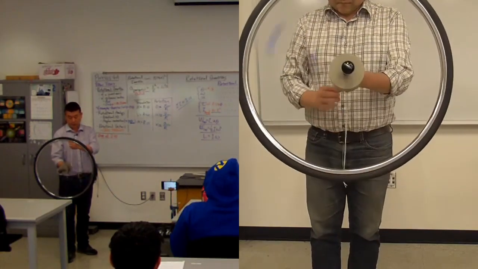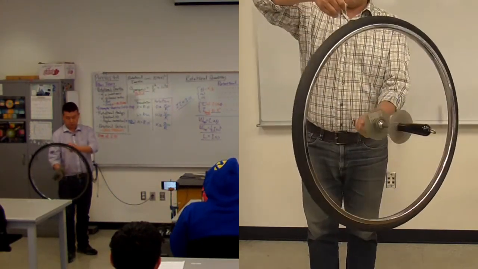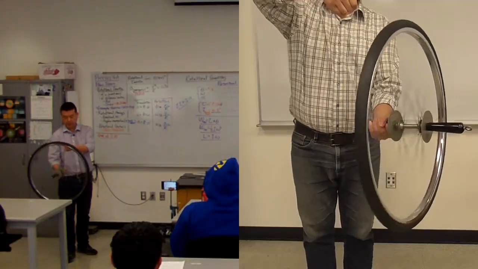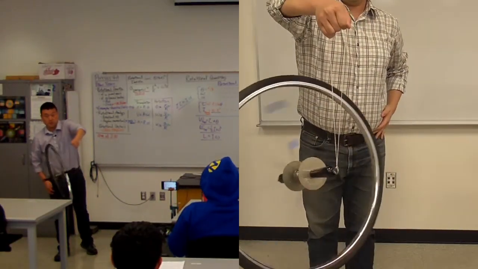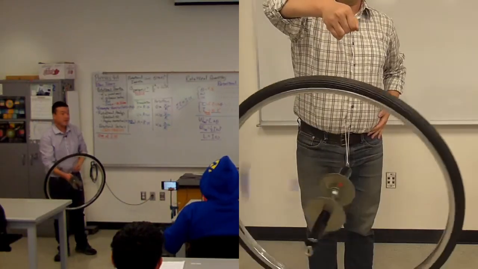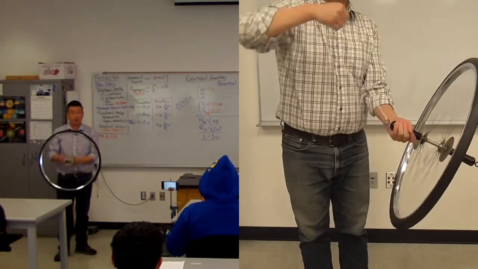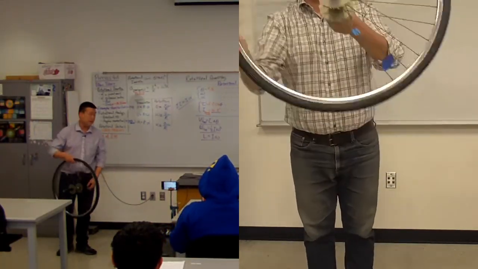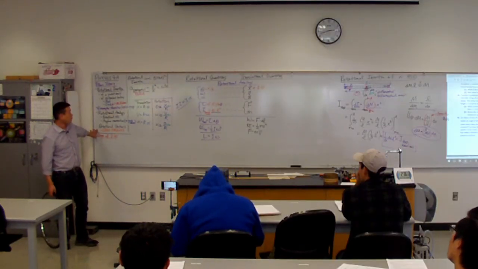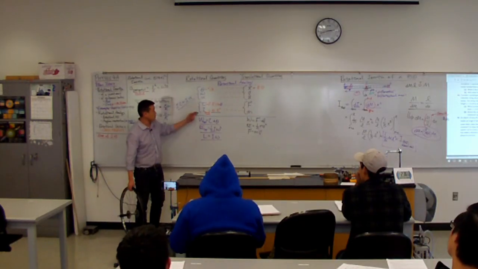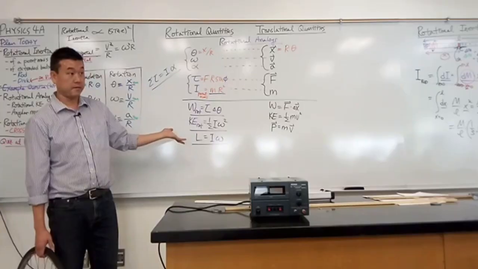Now, when I let go of this wheel, it'll do this motion. Maybe you have seen it in other classes, but otherwise, this is quite an unintuitive motion. It is difficult to describe using any other tool than what we are going to introduce on Thursday: dealing with all these rotational quantities as actual vector quantities.